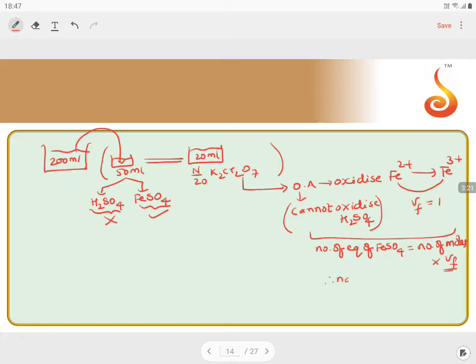Therefore the number of equivalents is equal to the number of moles, with respect to FeSO4. Let us keep this aside; this is one conclusion we have got.